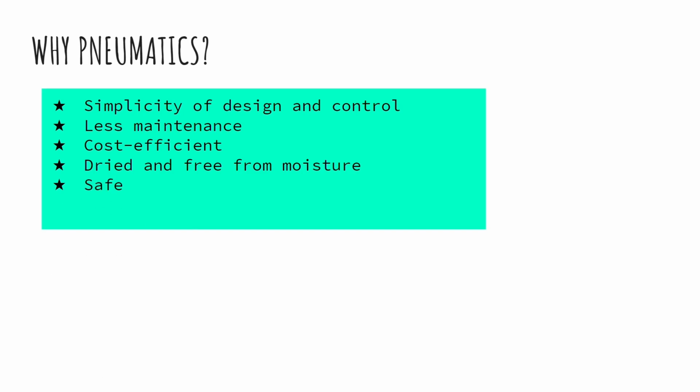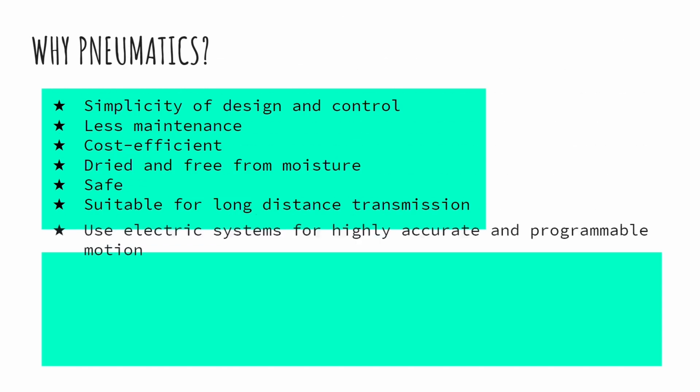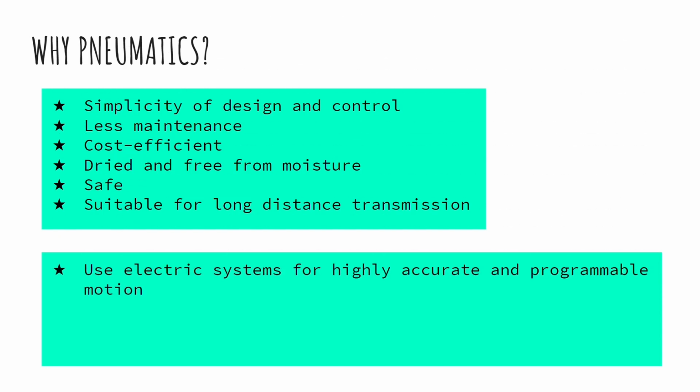It's safe also, because we use air, right? If we use water, rusting and so on will happen, but with air it's safe, and it's suitable for long distance transmissions. But if we want high accuracy and programmable motion, then we have to use electric systems.